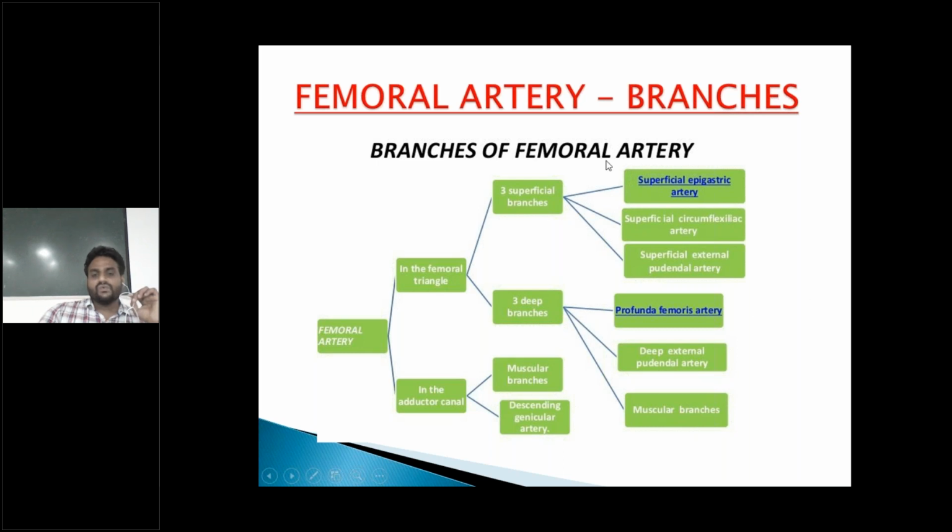What is the main artery in the femoral triangle? Profunda femoris, very good. Then within the adductor canal, what are the 2 branches? Unnamed muscular branches and descending genicular artery.